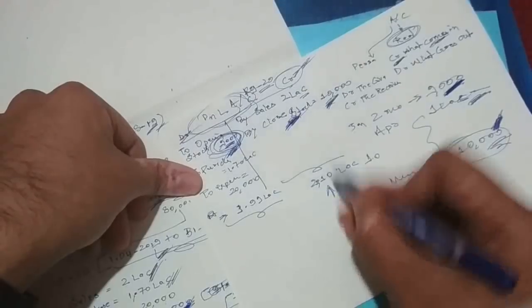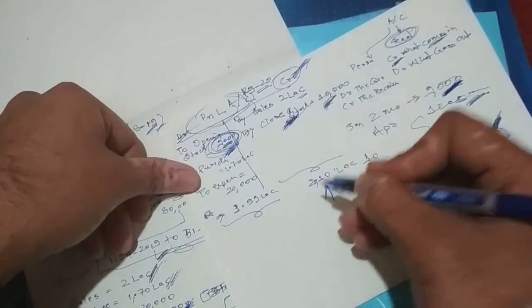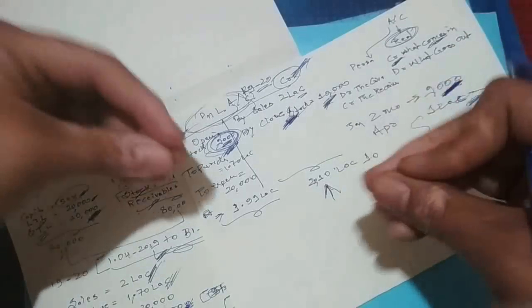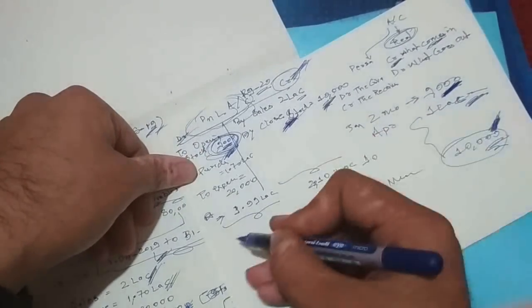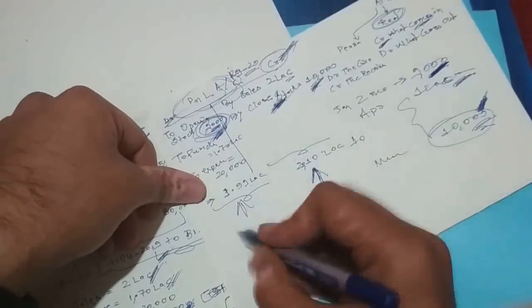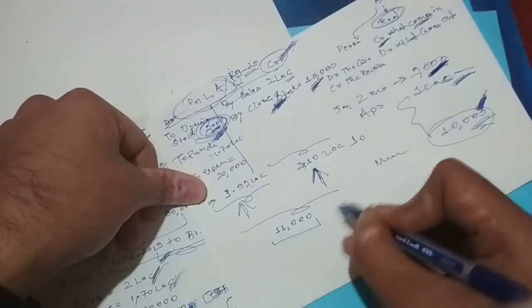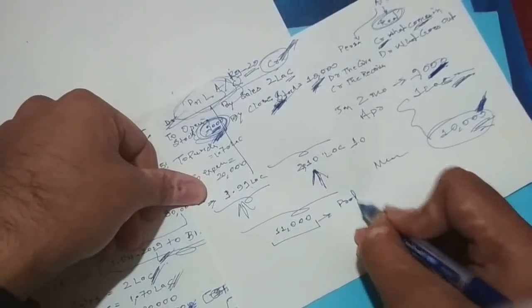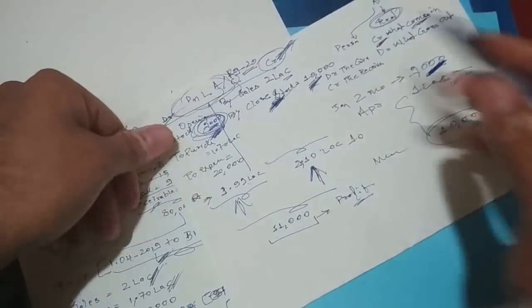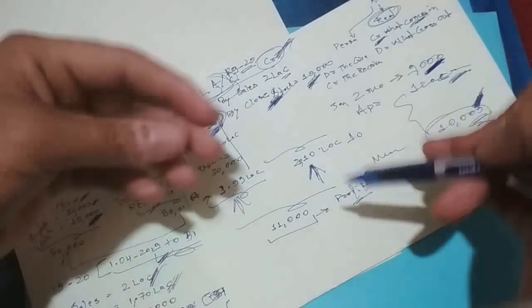So since this is in the credit, 2.10 lakh rupees came to our company, but we spent only 1.99 lakh rupees. So what's the difference? 11,000 of difference is nothing but your profit. Why profit? Because you are credited more than debited. That's why you are in profit in the profit and loss account.